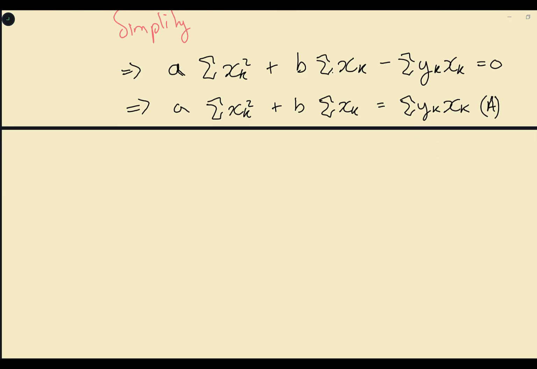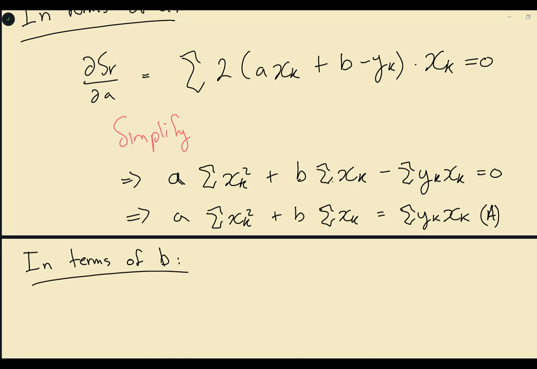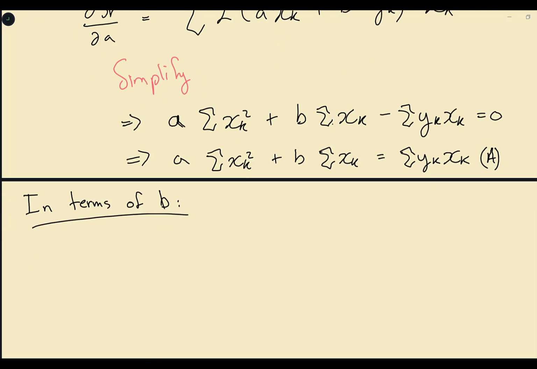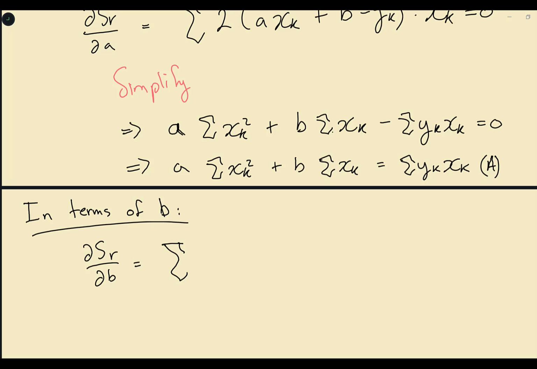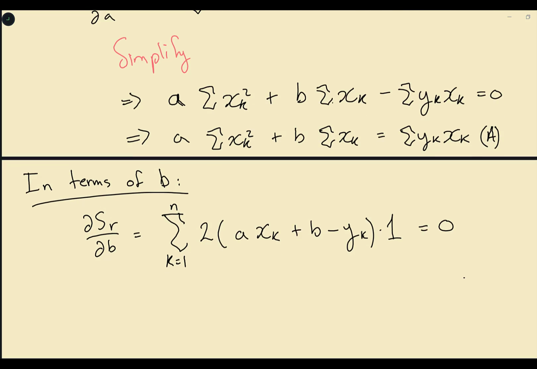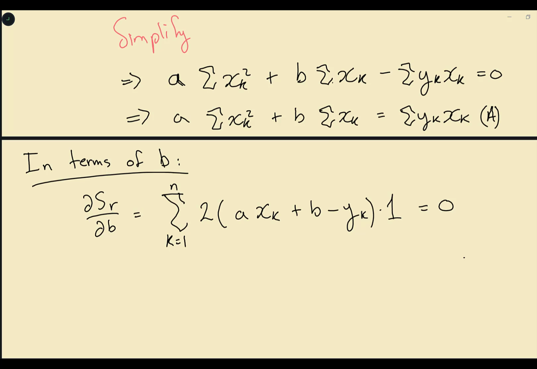And now we're going to do it in terms of B. So again, we do the partial derivative as we did here in terms of A. Now we're going to do it in terms of B. And then again, we rearrange to take advantage of the equation so we can solve it as a set of linear equations.